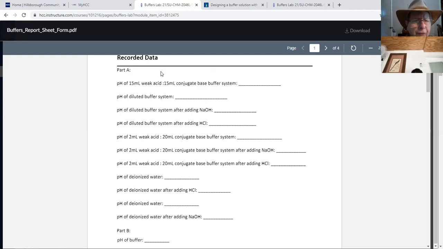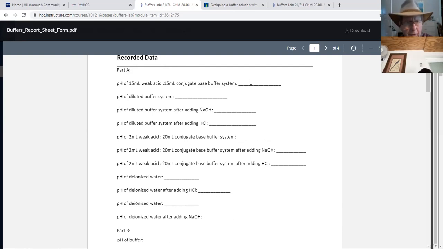So you're going to take 15 milliliters of your acetic acid solution and 15 milliliters of your sodium acetate. Put them into a beaker. Report the pH. Did you see where the pH was in the simulation? On the bottom. Okay. So that's just the pH of both of them without any buffers or anything, correct? No, that is the buffer. Oh, the buffer. Yes, and you are not challenging the buffer with NaOH at any point.